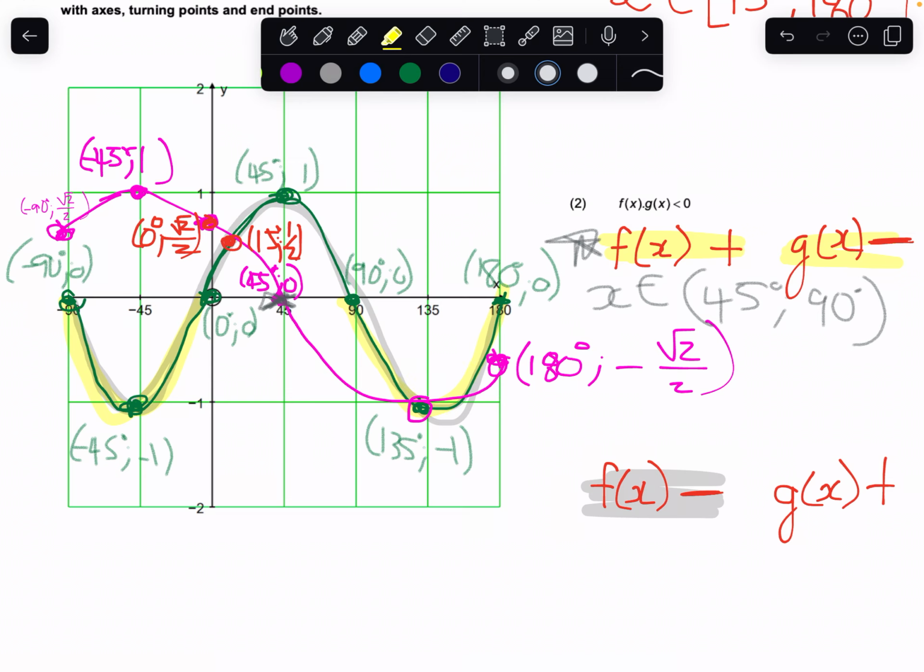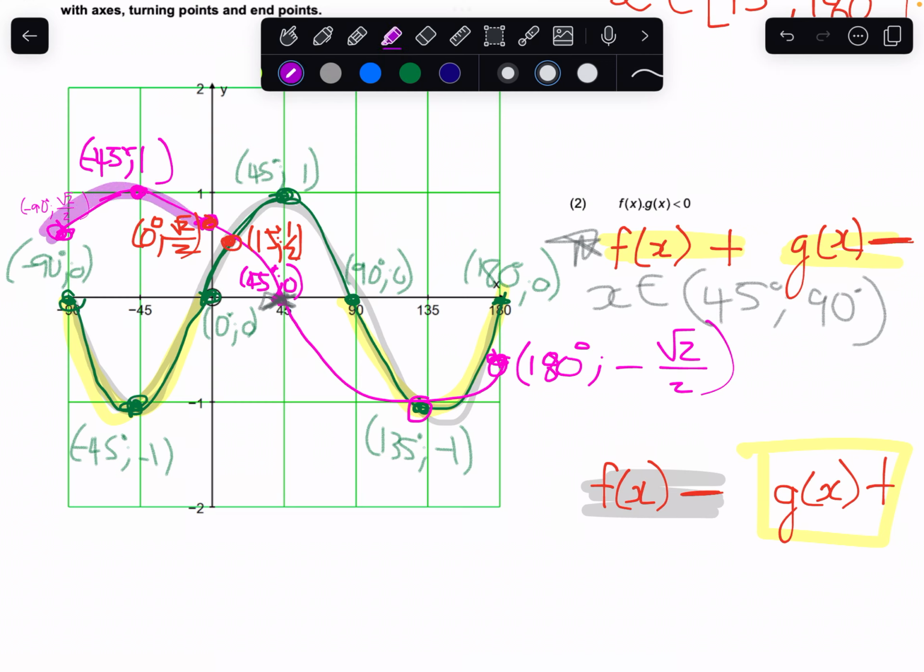So in those intervals, when x is between 0 and minus 90, and when x is between 90 and 180, where is g of x positive, i.e. where is g giving us positive y values? So g gives us positive y values over here.